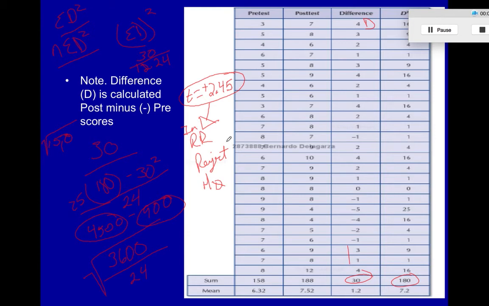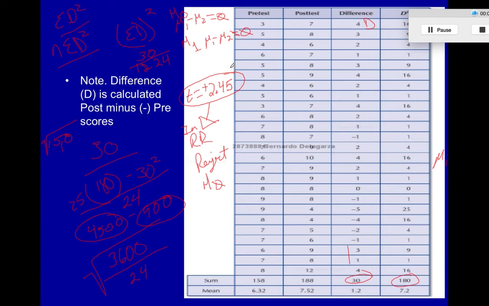It predicts the exact same thing as it did with an independent samples t-test, that the difference between group 1 minus group 2 is going to be equal to 0. That's what the null predicts. The alternative predicts that mu1 minus mu2 would not be equal to 0.